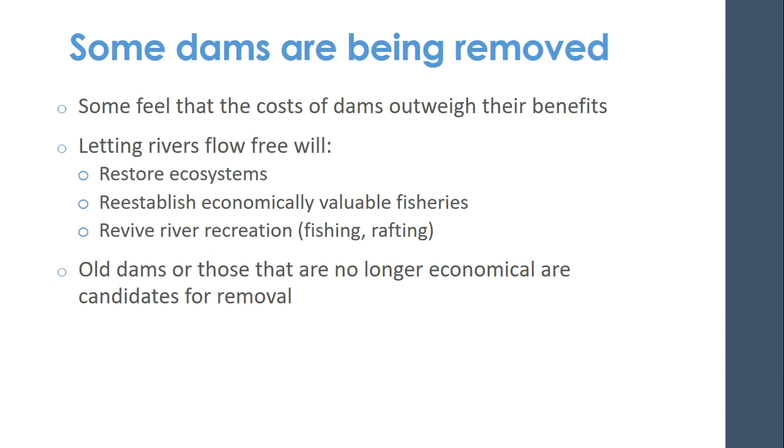There are a lot of Native American tribes, especially in the Northeast, who typically fished salmon upstream in rivers, but those salmon populations have disappeared because they can no longer get upriver. Some dams have fish bypasses to try to help with that. Old dams or those that are no longer economical are good candidates for removal.